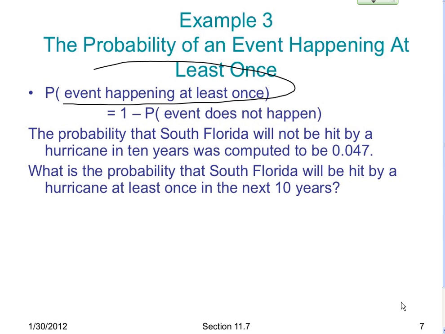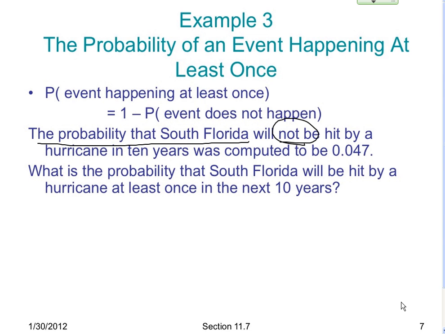Probability of something happening at least once. The way we calculate that is 1 subtract the probability that it does not happen at all. For example, the probability that South Florida will not be hit by a hurricane in 10 years is 0.047. We want to find the probability of at least once.